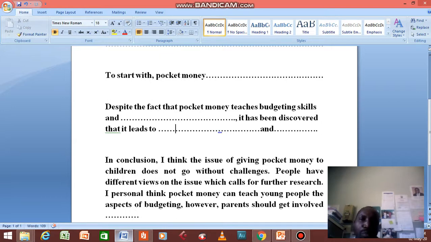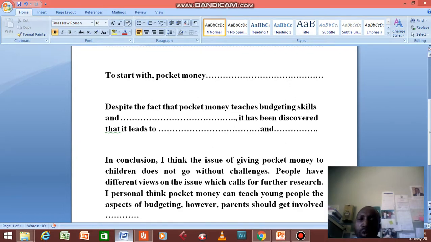Maybe in the other paragraph you mentioned that pocket money can teach young people budgeting skills and other things. Now, in the second paragraph, you need to acknowledge what you said earlier, maybe in one sentence, by using a linking word. Despite the fact that pocket money teaches budgeting skills and A, B, C, and D that you can mention, it has been discovered that it leads to, then you talk about the disadvantages of pocket money.